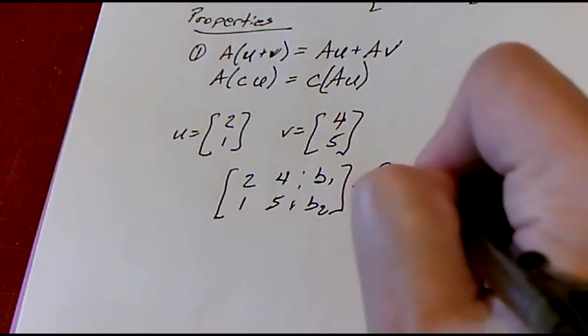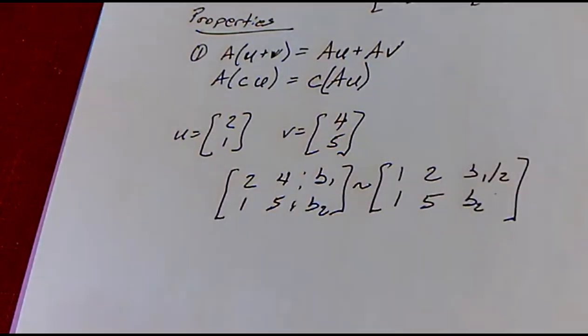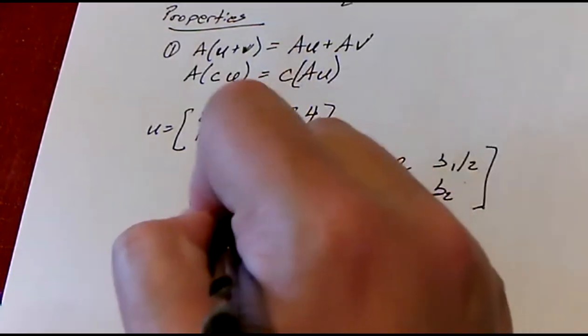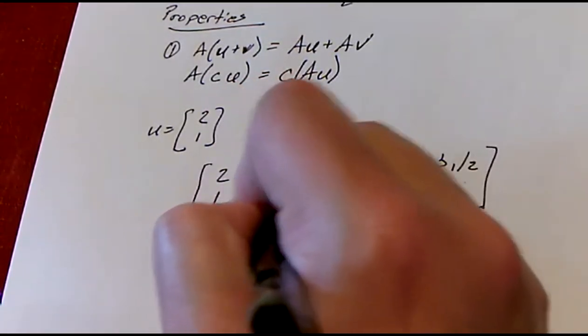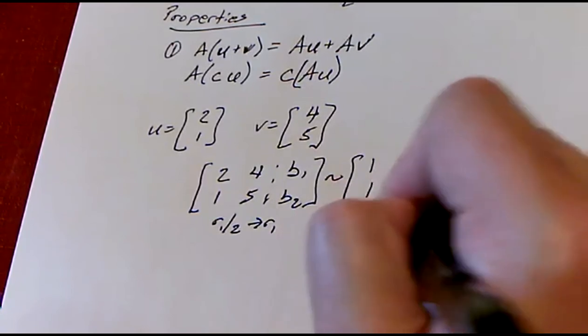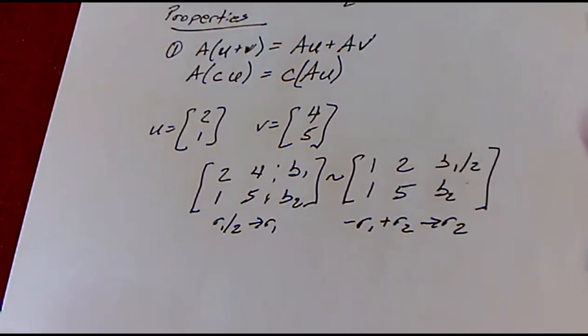This would be 1, 5, B2. Then I take row 1, negative row 1, add it to row 2 and replace row 2, because I got my 1 in the upper left and I want to get a 0 below it.